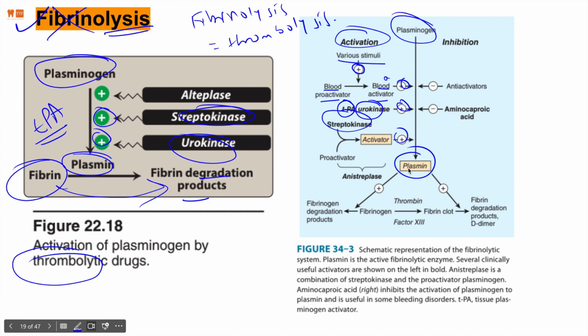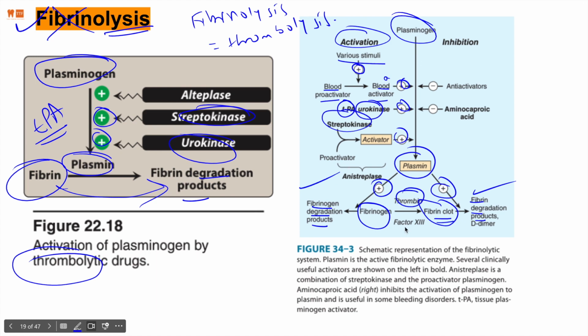Okay? Now, plasmin does two things. It breaks down fibrinogen into fibrinogen degradation products, or it actually physically breaks down the fibrin clot into fibrin degradation products. So both the inactivated and the activated component of clotting is broken down into debris.